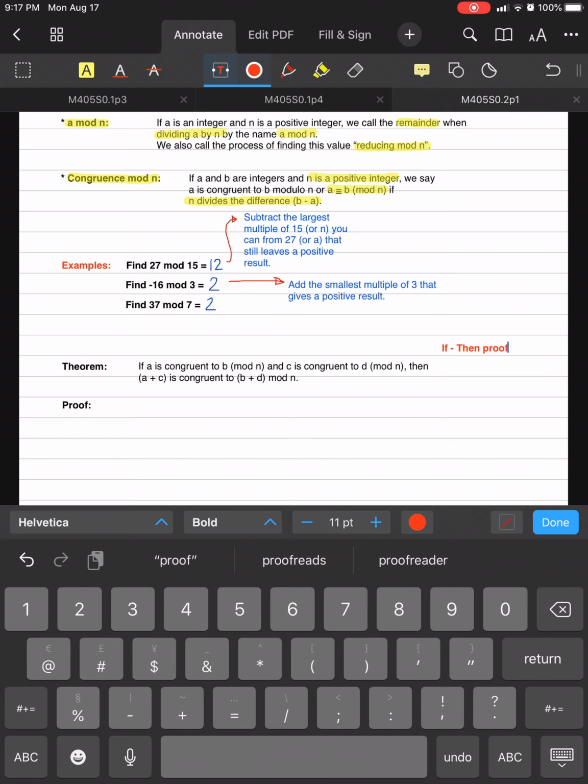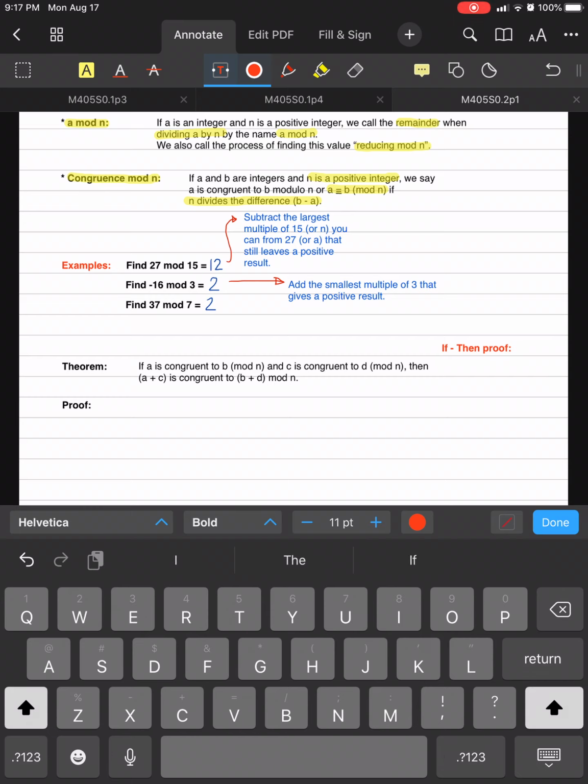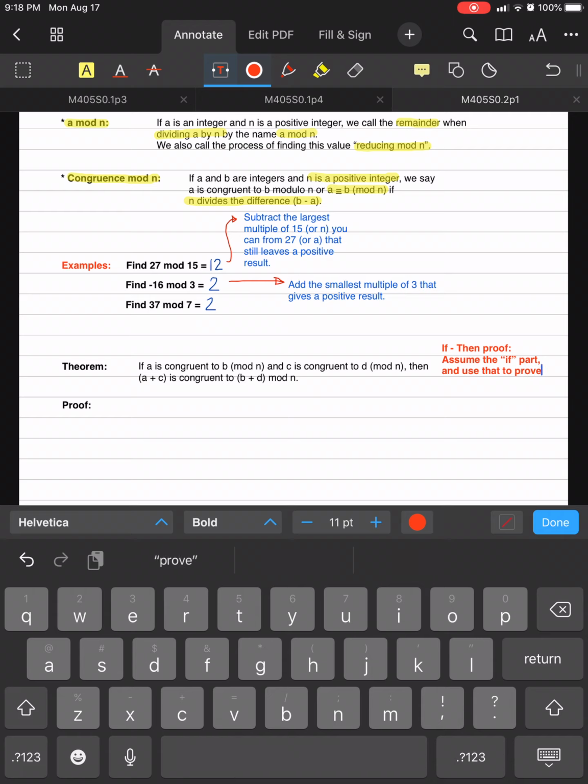And as we talked about last time, you assume the if part and use that to prove the then part.